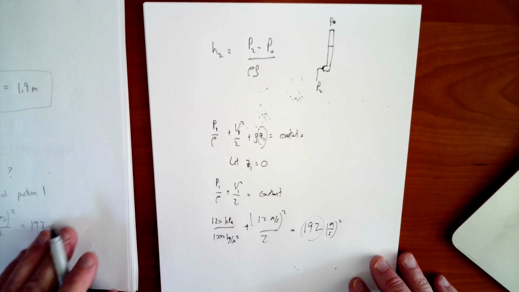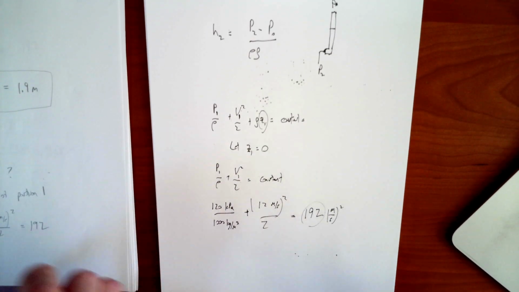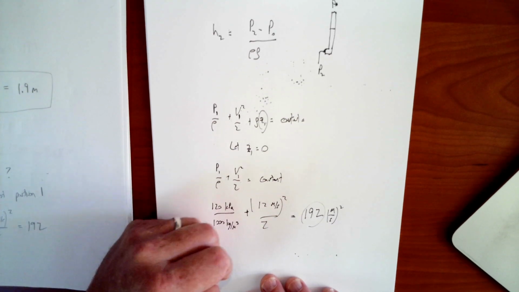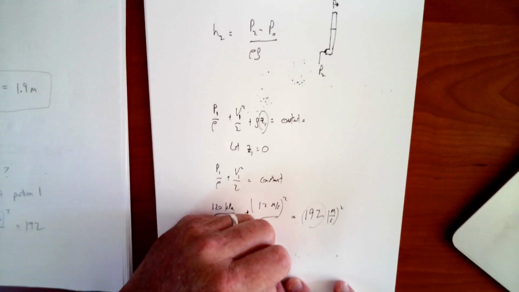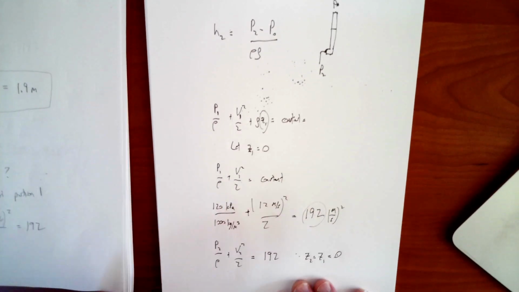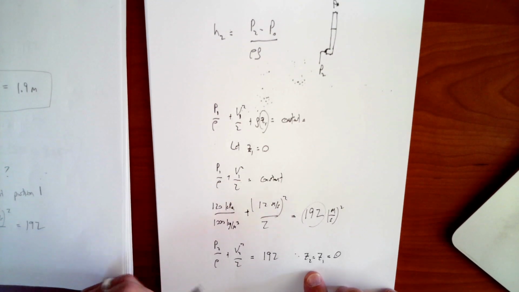Then I can apply that same thing to the second equation for position 2, because that's constant in the flow. So P2 over rho plus V2 squared over 2 is also equal to 192. Z2 is equal to Z1, which equals 0, because Z2 and Z1 are in the same position in the pipe. So there's no change in height from 1 to 2.